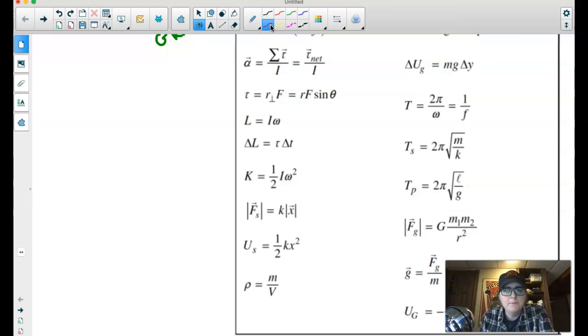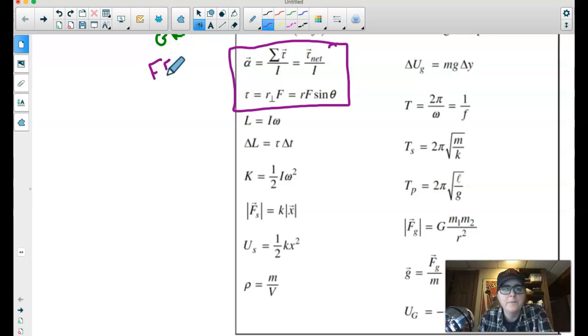Now, next up, we have two more that are related to angular motion, but these go in that force on an extended body model. So we have Newton's second law for rotation, and then we have that definition of torque.